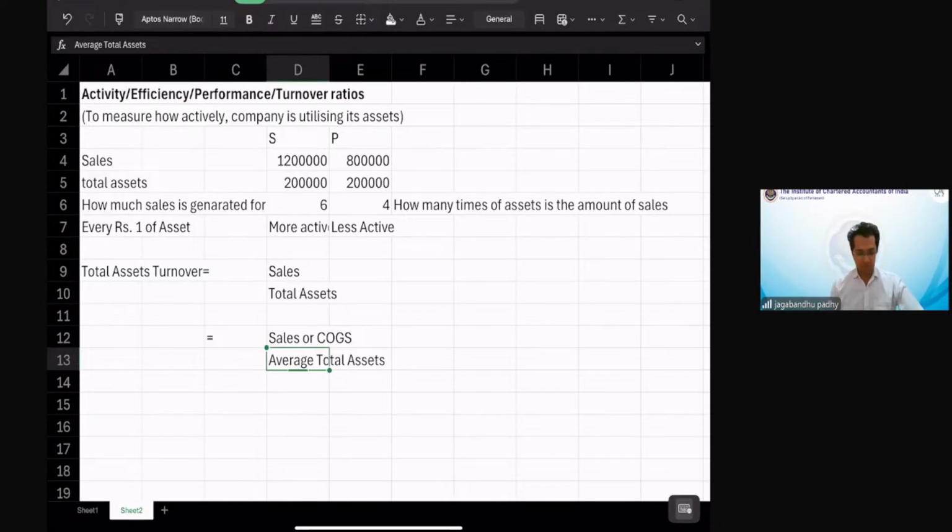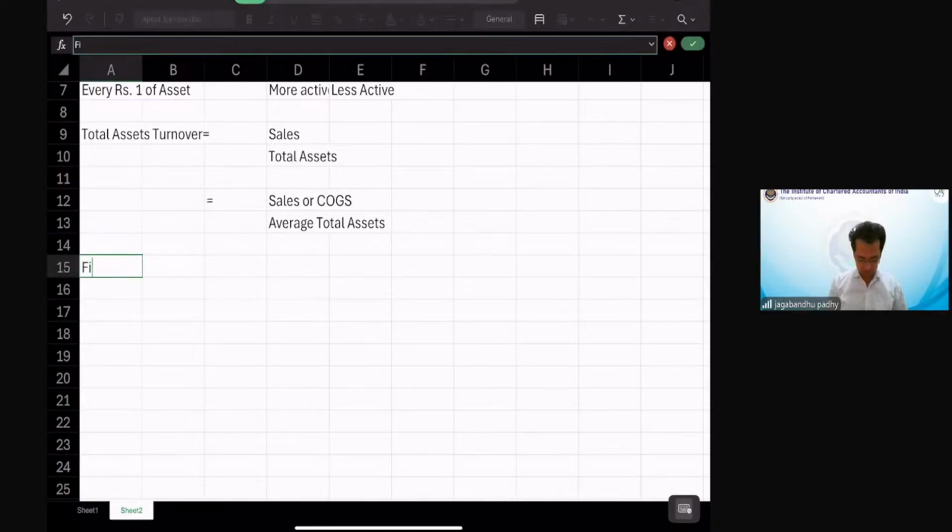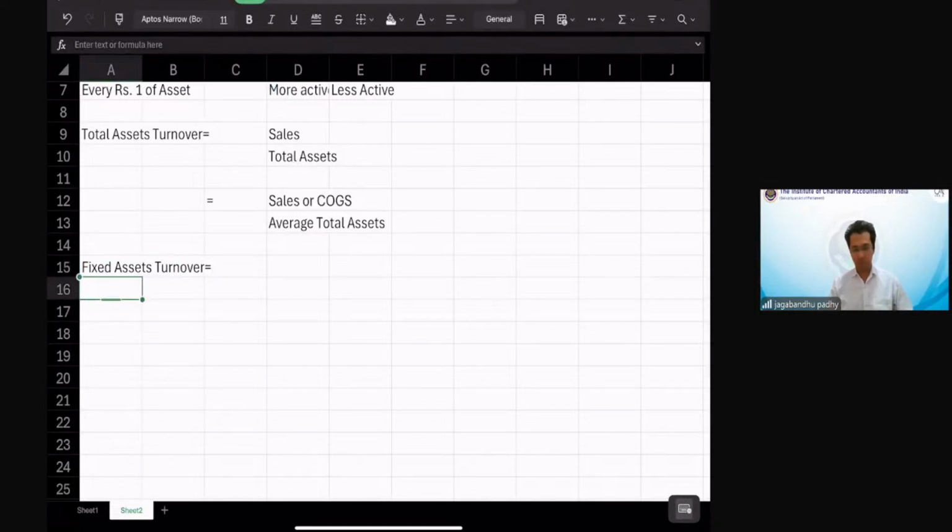Okay. Now, after total assets turnover, if I same way ask you, what should be the fixed assets turnover? How do we get this fixed assets turnover? Can you tell me, guys? How do we get the fixed asset turnover?